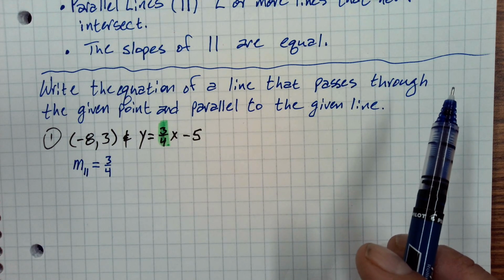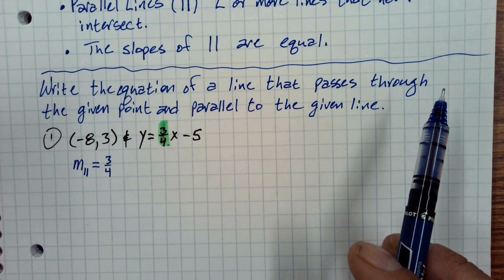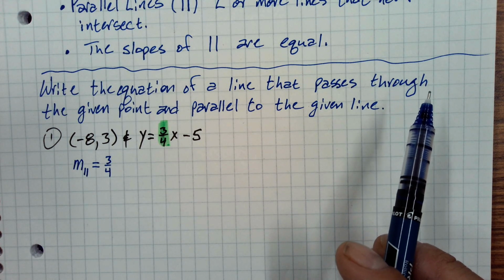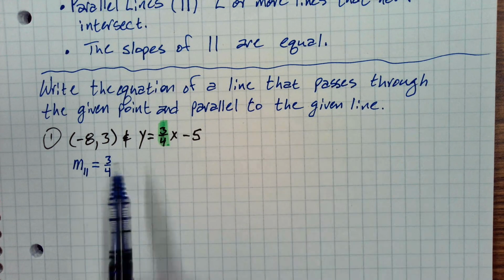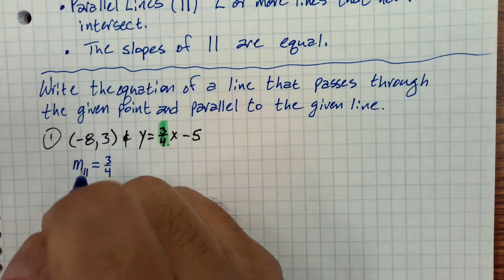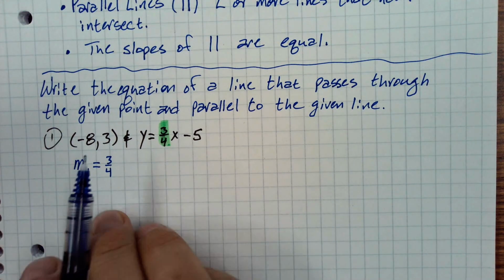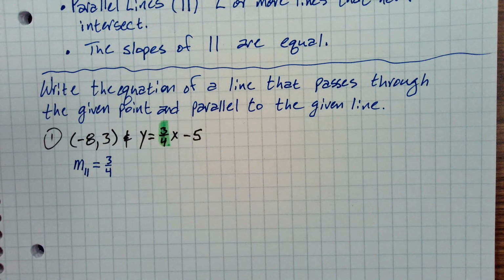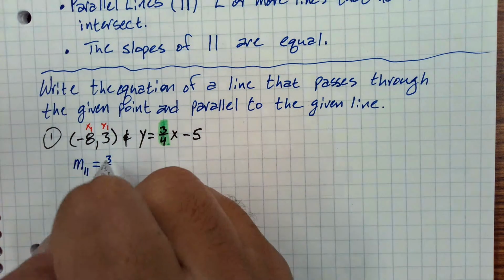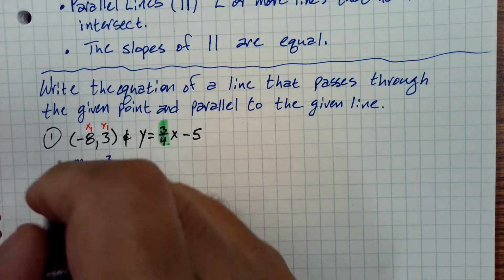Now, we have a couple of choices. We could use slope-intercept, figure out what b is, and then plug it in, or we can use point-slope and solve it. Which way should we try? Let's do point-slope. I prefer it. So we're going to use this point as our x1 and y1, and this is going to be our slope. Let's plug it into point-slope.